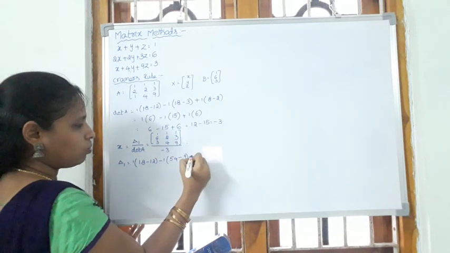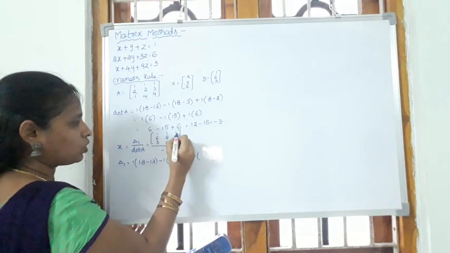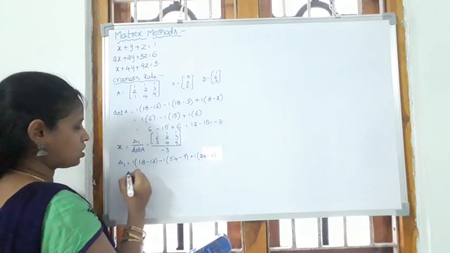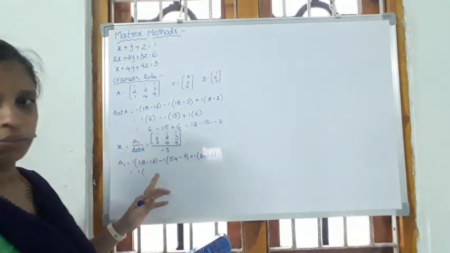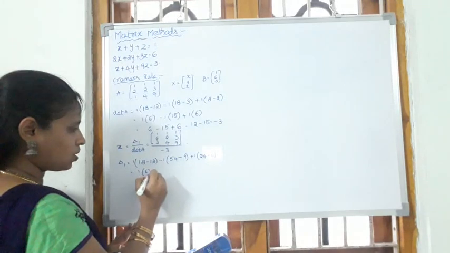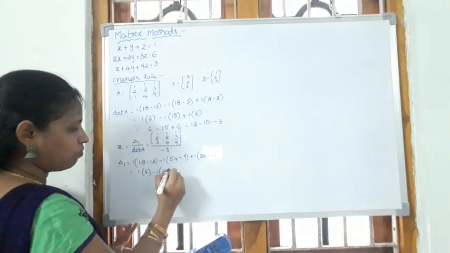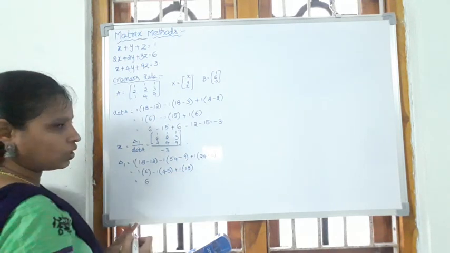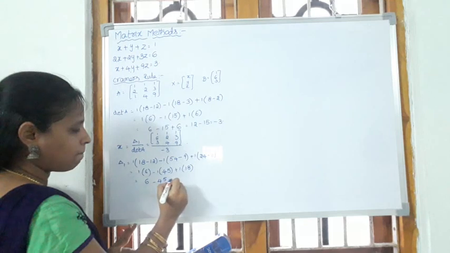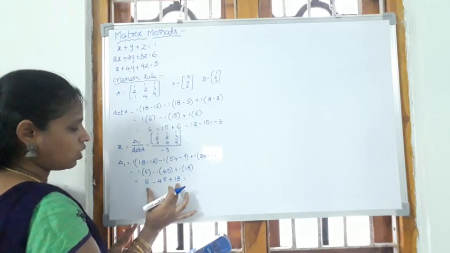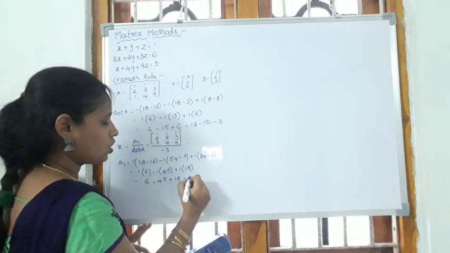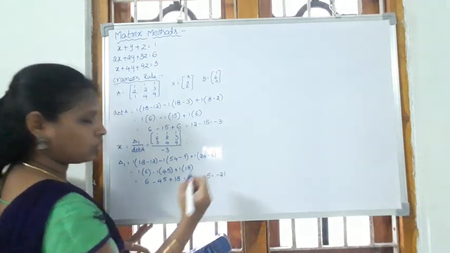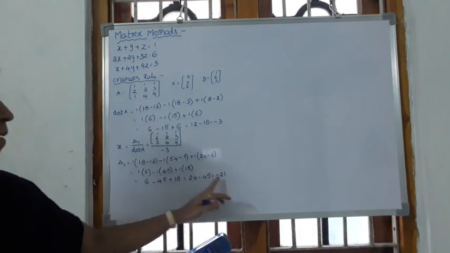Now the last element, that is plus 1 of, remove this row and this column, 6 fours are 24 minus 3 twos are 6. Now 1 of 18 minus 12 to get 6, minus 1 of 45, plus 1 of 18. 6 into 1 is 6, minus 45 plus 18, that is 6 plus 18 is 24 minus 45, that is equal to minus 21. So the determinant of delta 1 is minus 21.